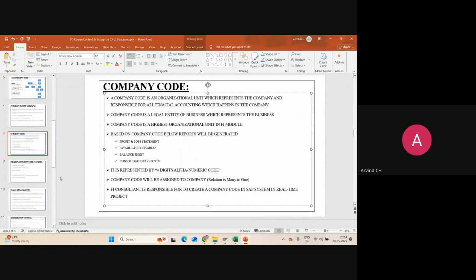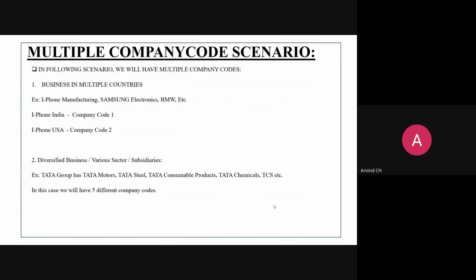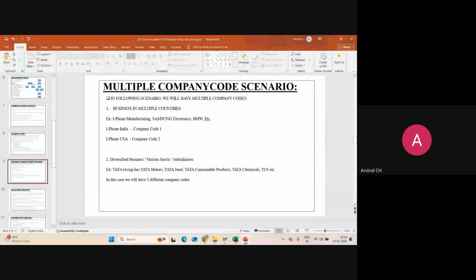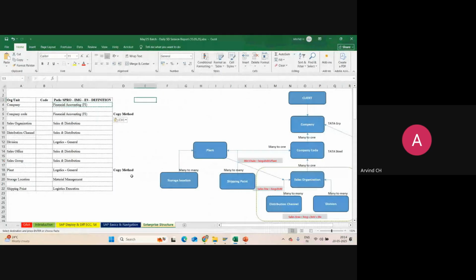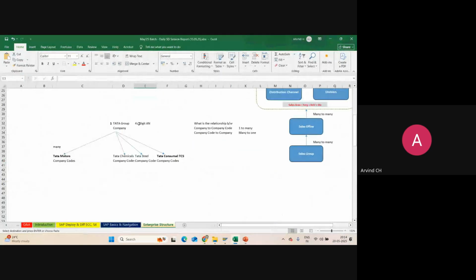Let us go to the next slide. This slide talks about in which scenario we will have multiple company codes. A very good example you have seen: one group company, also called a parent company.